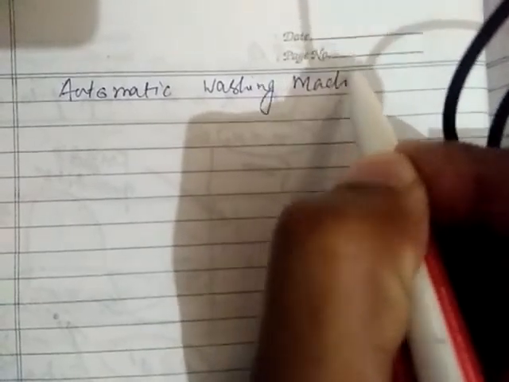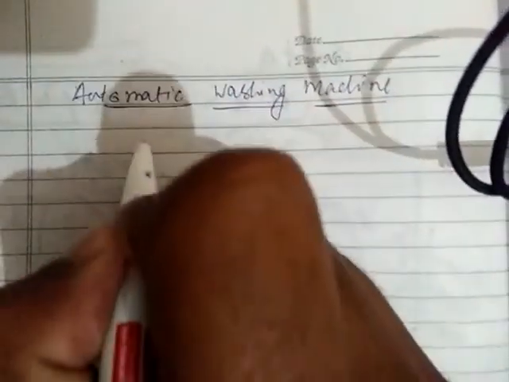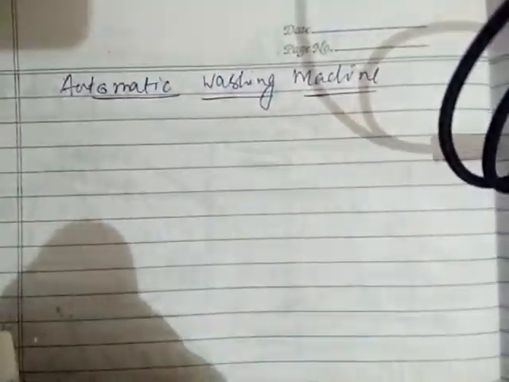Let's see. We have to design a controller, meaning an automatic washing machine that manages wash time automatically.